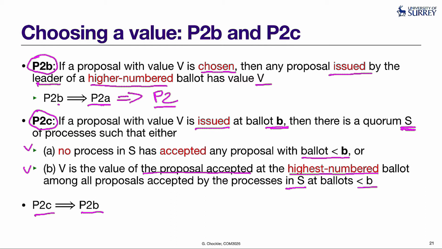But for now, since P2C implies P2B and P2B implies P2A and P2A implies P2, if we satisfy property P2C when choosing proposal as the leader, then we will have what we need. We have correctness, we have agreement. Okay, so now let's see the illustration of how property P2C works.